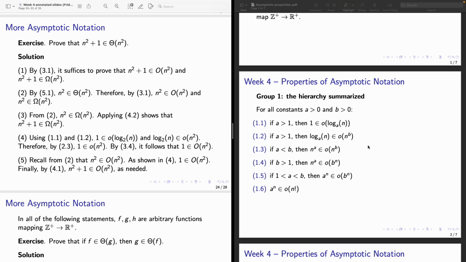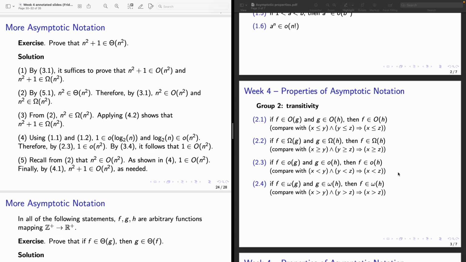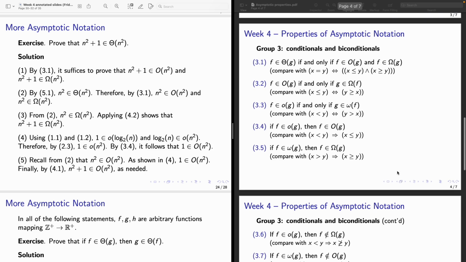And a logarithm grows more slowly than a polynomial. And by transitivity, we can conclude that a constant grows slower than a polynomial. And then the whole less than implies less than or equal to thing. A constant grows slower than a polynomial, so it grows at the same rate or slower as a polynomial.